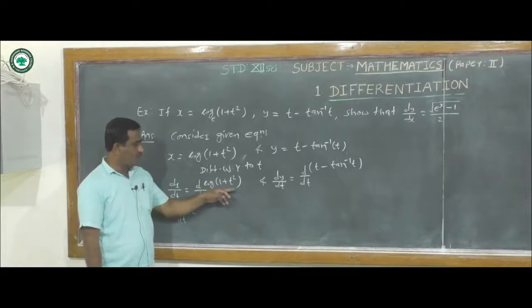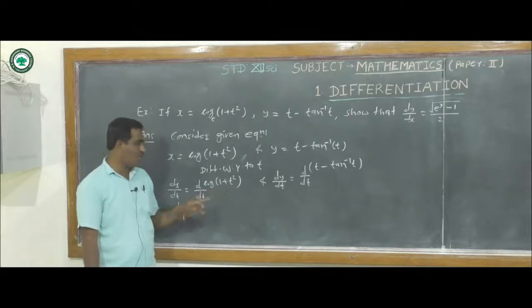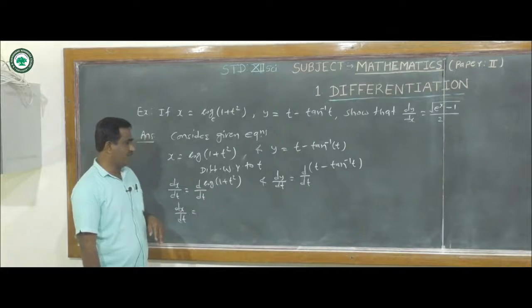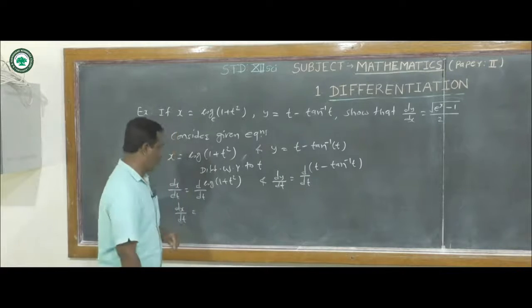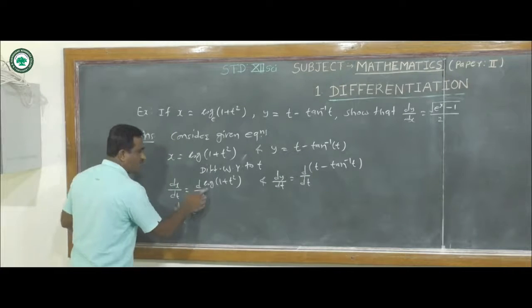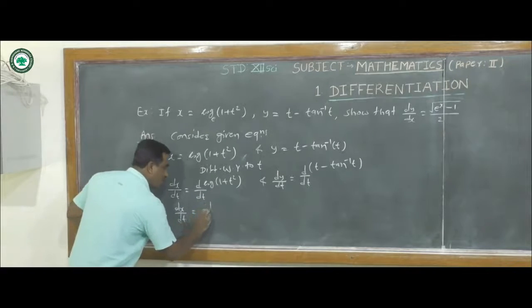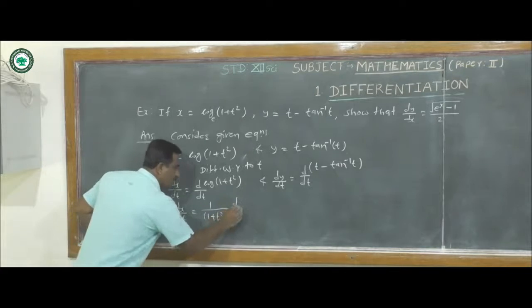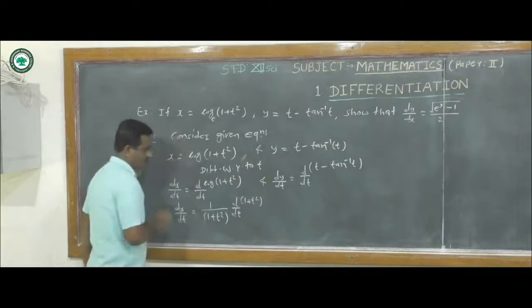Derivative of log of 1 plus t square with respect to t. Now this is a composite function. Suppose 1 plus t square as f of t. Then we get log of f of t, and we know that the derivative of log of f of t with respect to t is 1 upon f of t into f dash of t. Using this formula, the derivative of log of 1 plus t square is 1 upon 1 plus t square into d by dt of 1 plus t square.